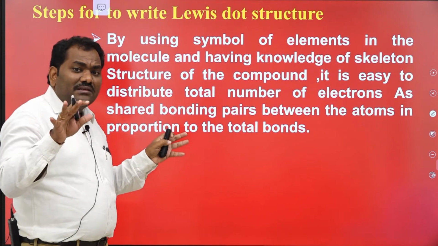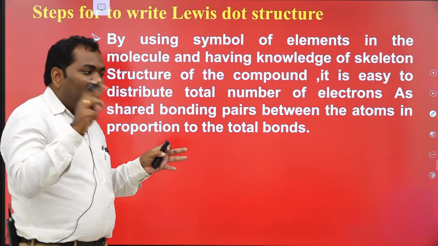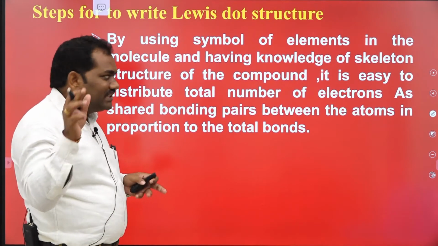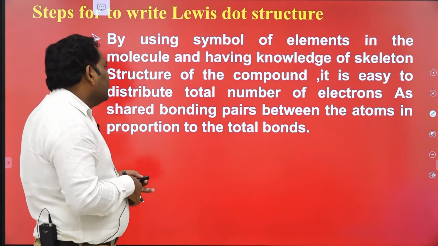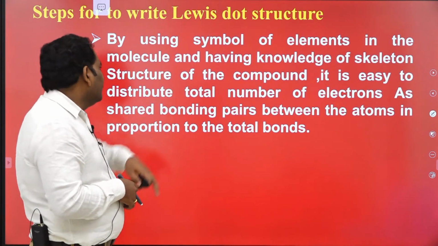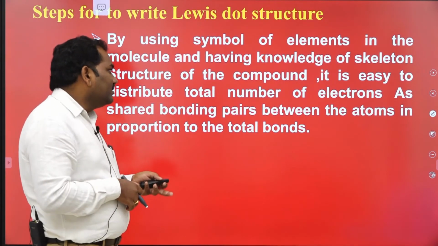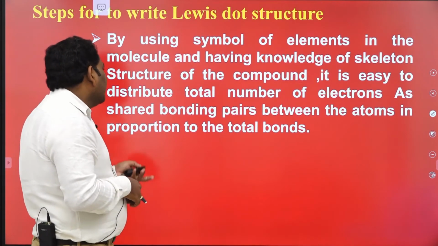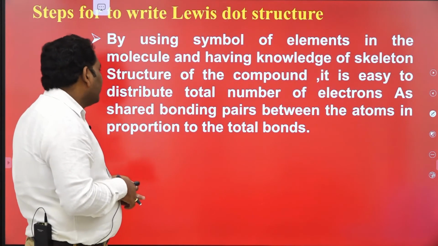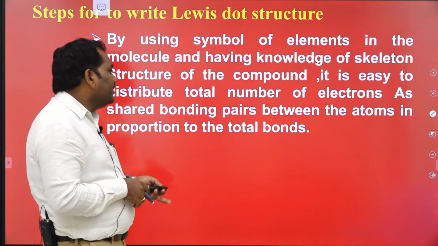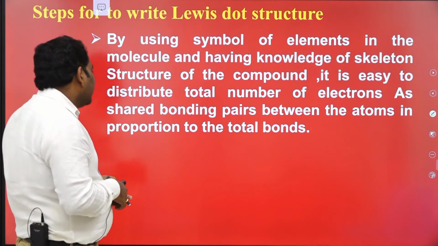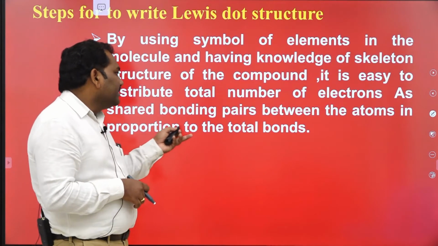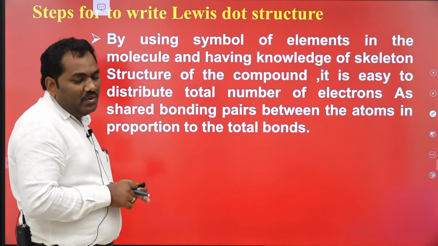if you know the symbols of elements present in that molecule and have knowledge of the skeleton structure of that compound, it is easy to distribute the total number of electrons as shared bonding pairs between the atoms in proportion to the total bonds.